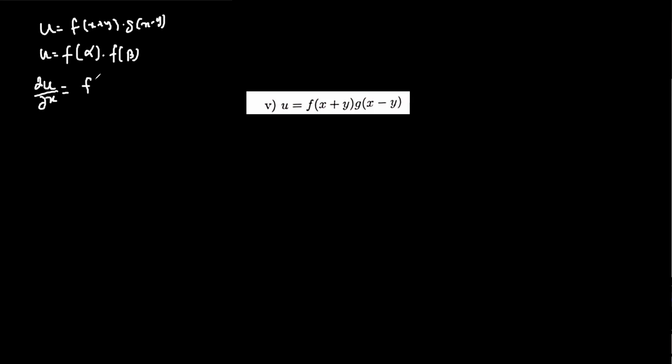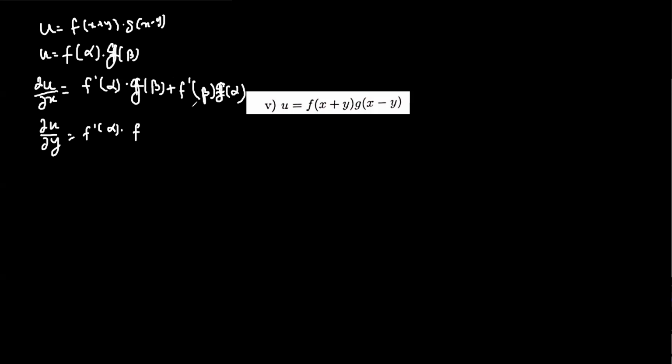f of alpha, f of beta plus f of beta, f of alpha, right? Find del u by del y. f of alpha, sorry, g. This is g.